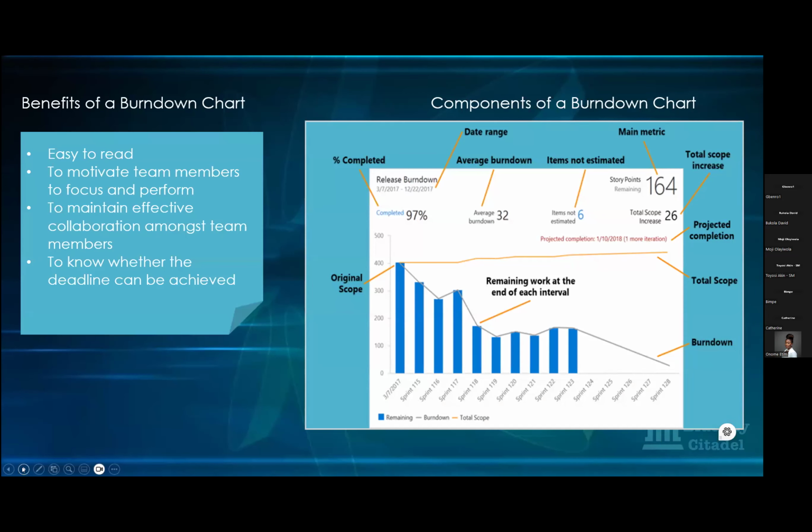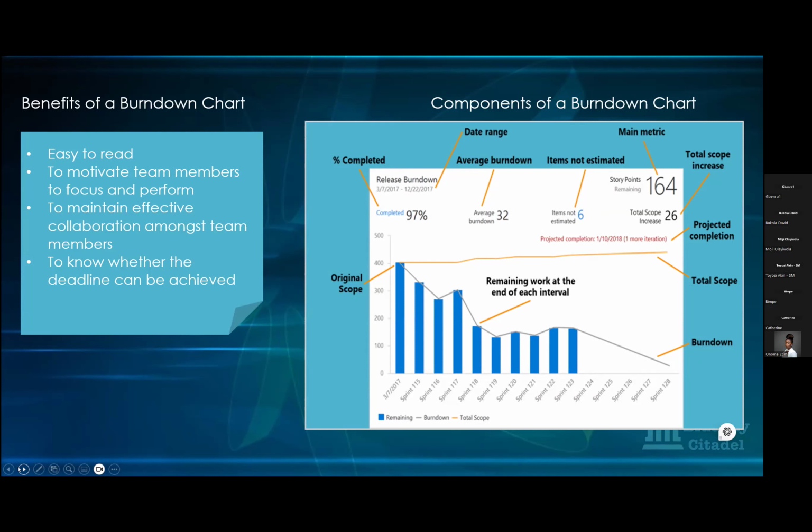Okay, so we want to look at the benefits. What do we benefit from the burn down chart? It's very easy to read. Once you know how to read it, it gives you a lot of information, and you're able to motivate your team members to focus and perform.